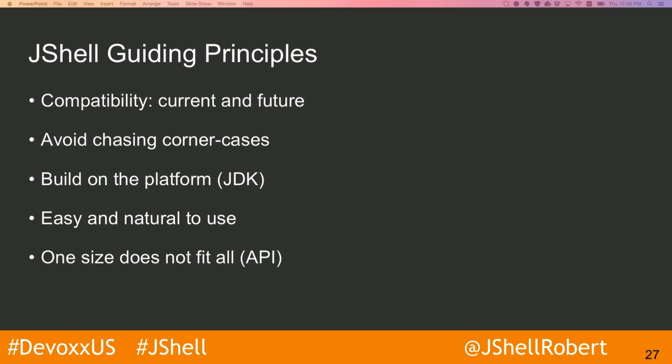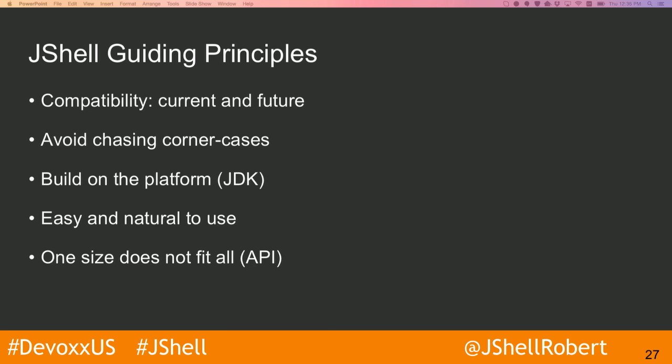The way to do both of those things was to be based on top of proven technology, and so that's what we've done. We built it on top of the compiler and on top of the virtual machine. And then how you interact with it, we wanted to be easy and natural. We did a lot of work to try to do that, and we're still open for feedback.